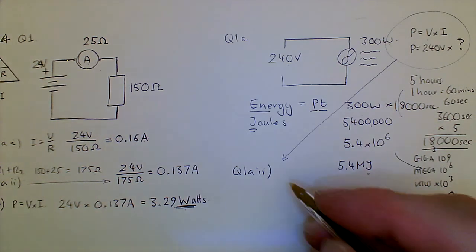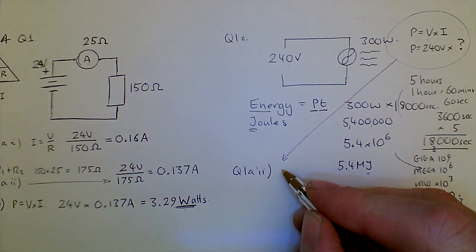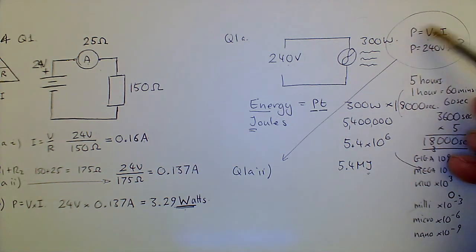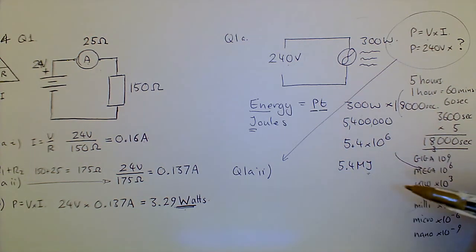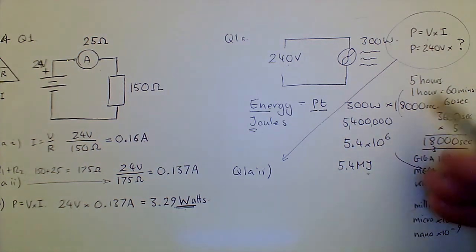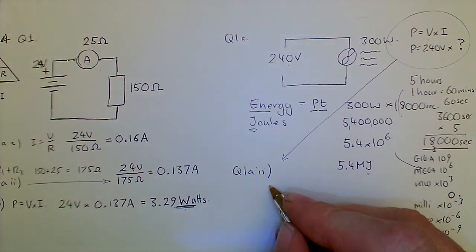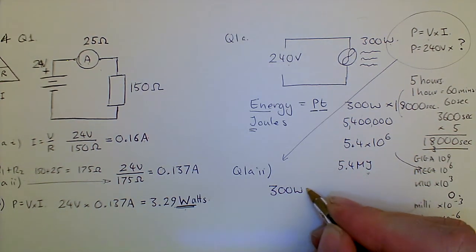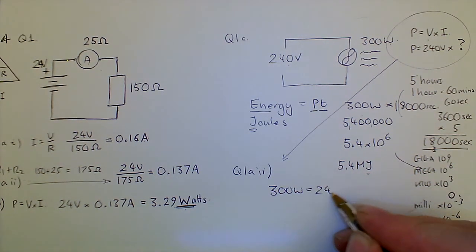So, what was your approach to this? And hopefully this is where your knowledge of maths comes into play, because you can start to use some basic algebra. We know the power was 300 watts. We know that the voltage is 240 volts.